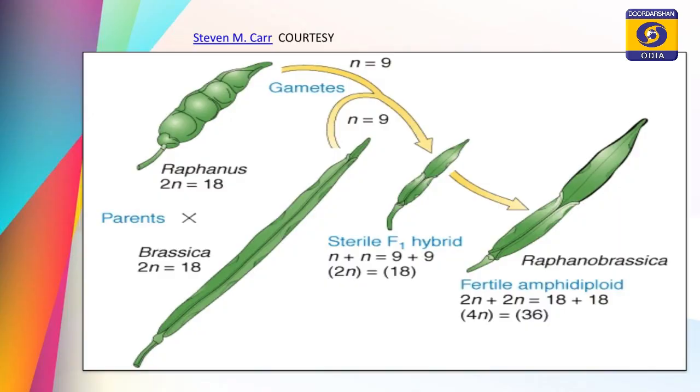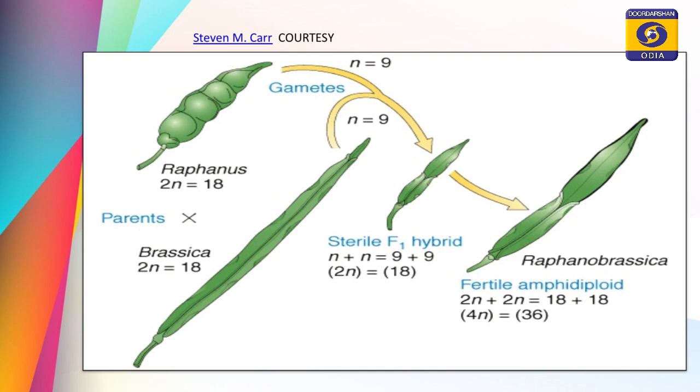Let us see Raphanus sativus and Brassica campestris. The pollen grains from Raphanus are put on the stigma of Brassica. Pollination takes place, fertilization takes place, and another variety arises from that, called Raphanobrassica.